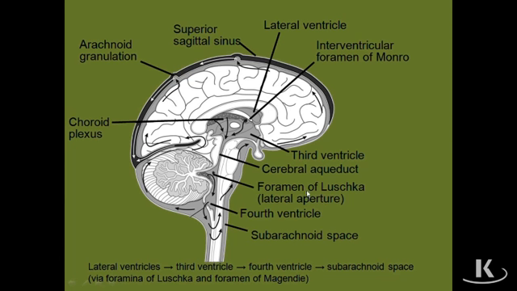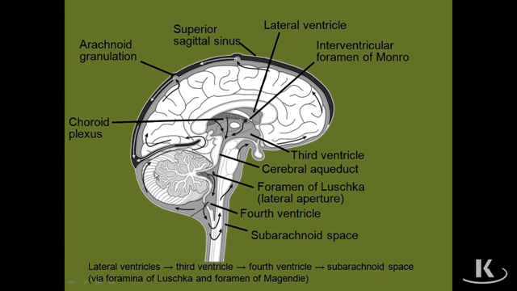There are 2 lateral foramina of Luschka, one of which is illustrated here, and there is a single midline foramen of Magendie that's exiting from the dorsal wall of the fourth ventricle. So it is through those 3 openings that are the only places where CSF can leave the ventricular system, circulate about the entire subarachnoid space, including extending down into the lumbar cistern below the tapered end of the spinal cord.